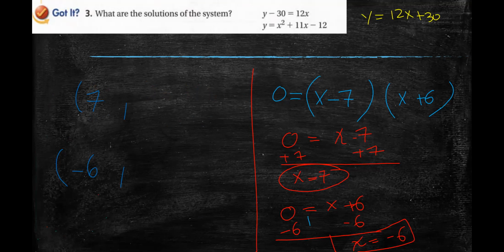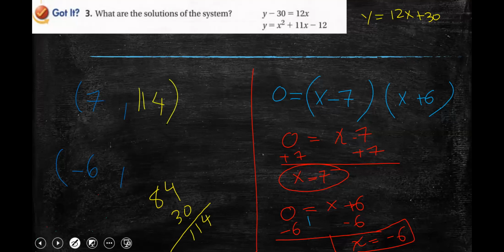12 times 7, I have to substitute with 7. So 12 times 7 is 84. 84 plus 30 equals 114.